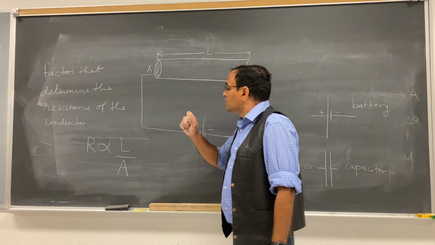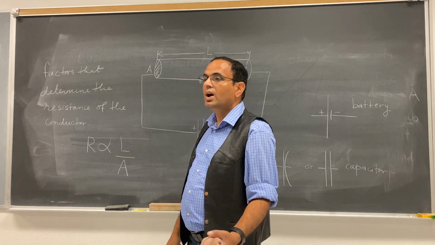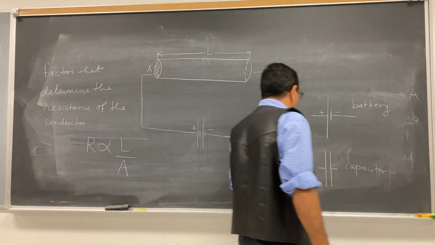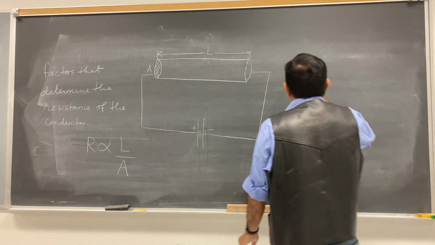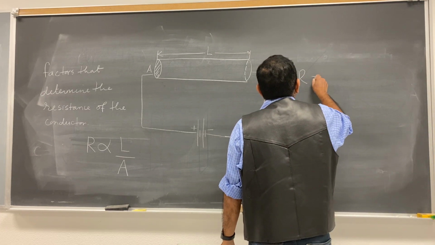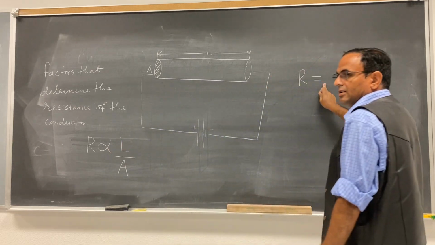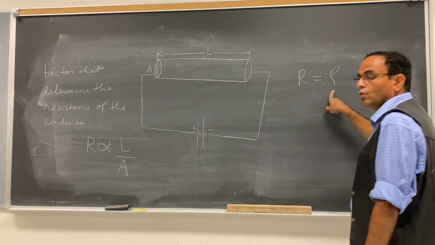Okay, so the resistance is directly proportional to the length of the conductor, the length of the wire, and inversely proportional to the area of cross section. So you can write down your resistance R equals, I have a proportionality sign, I have to put some constant here, we call that proportionality constant, and the proportionality constant here is rho.